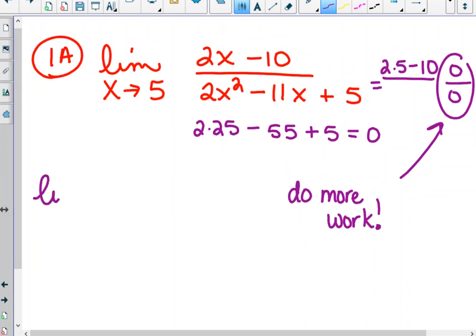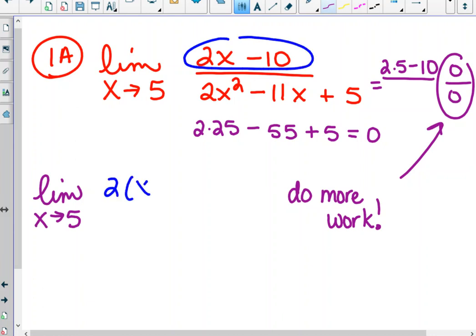Alright, so here we go. If I factor the numerator, I can take out a GCF of 2, which leaves me with an x minus 5. And that kind of helps because I look at that and I go, oh yeah, because that's what's making the 0, the x minus 5 factor.